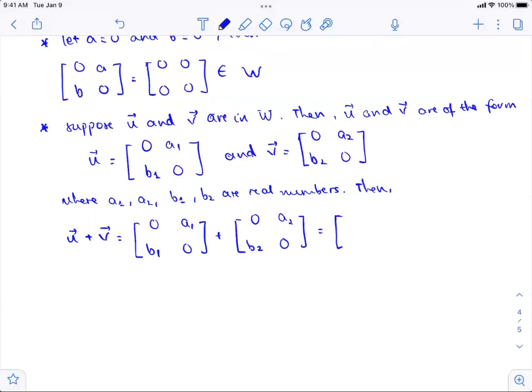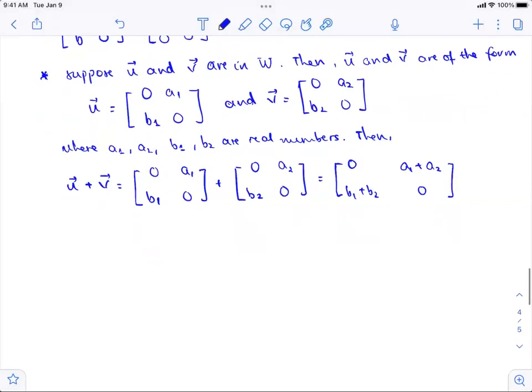You just add component-wise: 0 added with 0 gives 0, A1 added with A2 gives A1 plus A2, B1 plus B2 gives B1 plus B2, and for the last component, 0 plus 0 gives 0. Let A equal A1 plus A2 and B equal B1 plus B2.